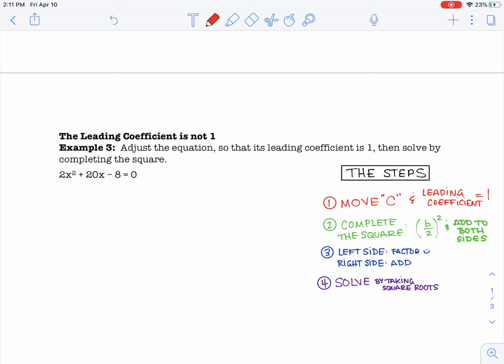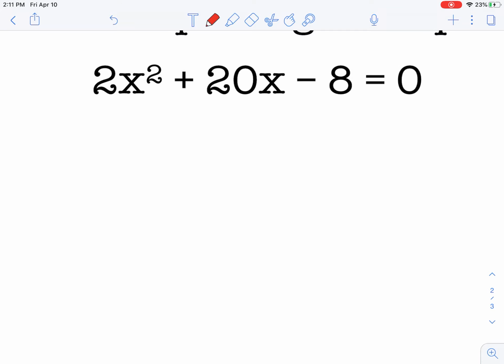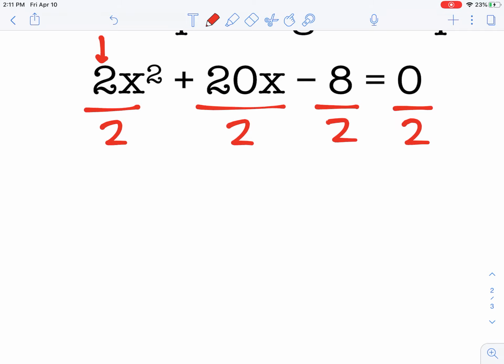The way to get it equal to 1, so let's look at that part first, is to divide everything by whatever's there. So if you say, I am going to solve this by completing the square, so you've chosen that method, and you go to set it up for this method, you would notice, hey, this is a 2, not a 1. So your way to make it a 1 is just to divide everything by that number. Now on some problems that's going to work out beautifully, on others it's going to create fractions.